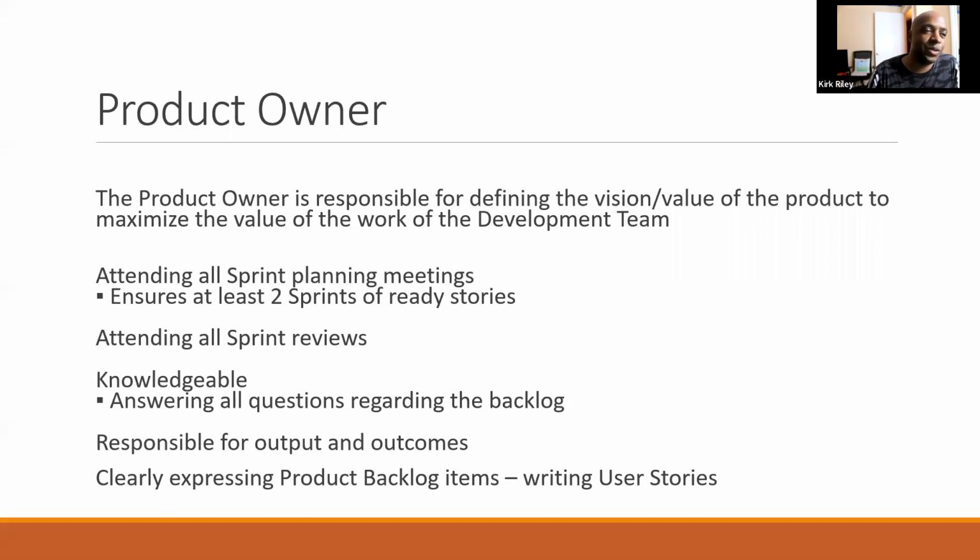That item has been in my backlog for a long time, and it's not a high priority. So I do my prioritization based on the value it's going to bring to the business, and that's basically it. There's no specific technique that I use for that.